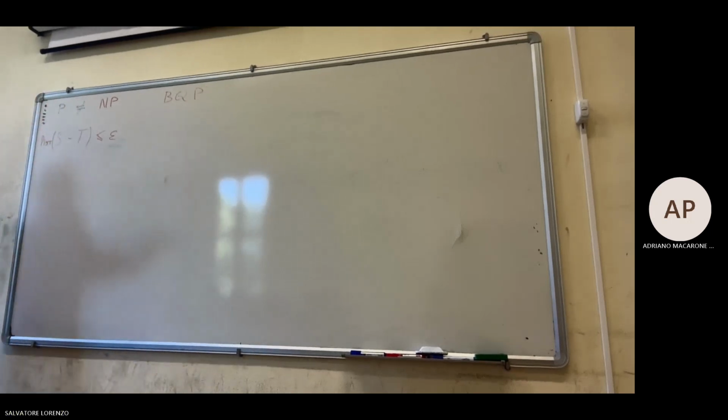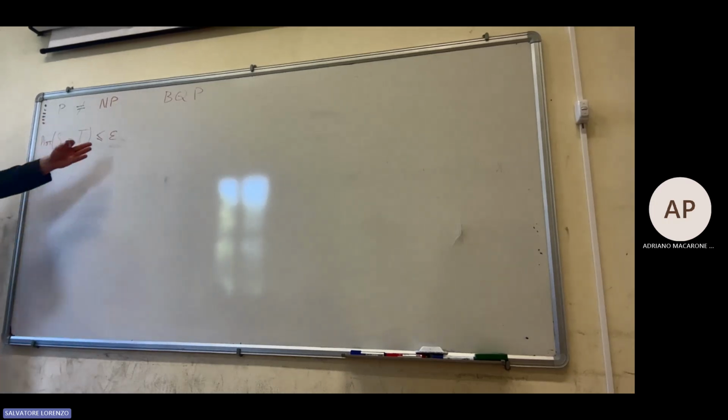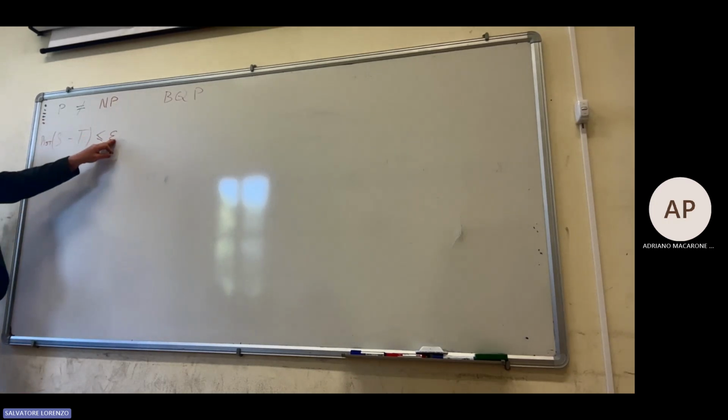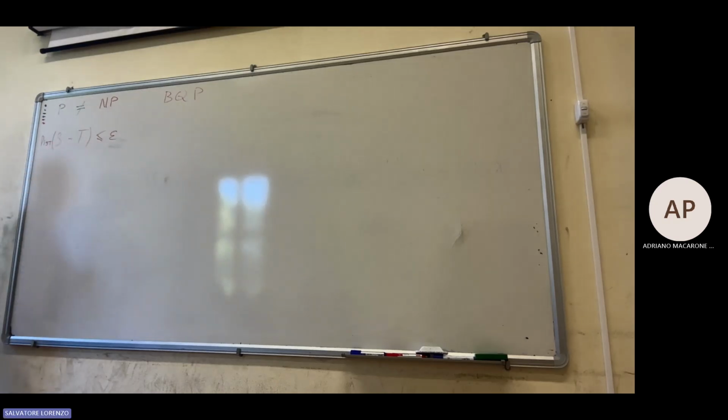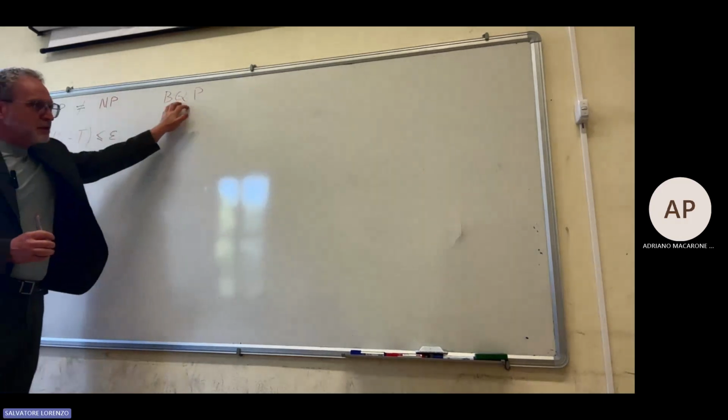Obviously, the smaller the number, the longer the process, but once you fix the error that you consider your limit, the number of steps that you need to solve the algorithm increases polynomially. So why is this important?